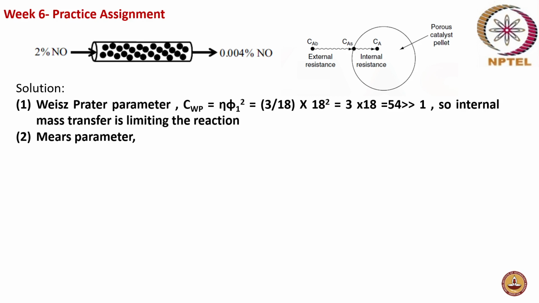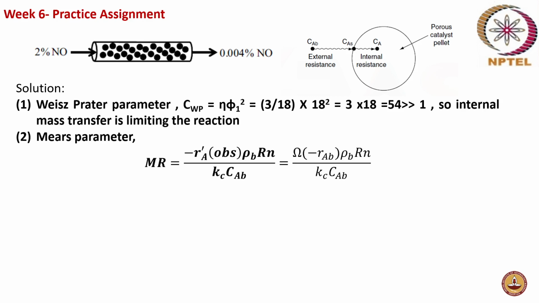Part 2 of the question is to calculate the Mears parameter based on concentration, and check whether the reaction is limited by external mass transfer or not.